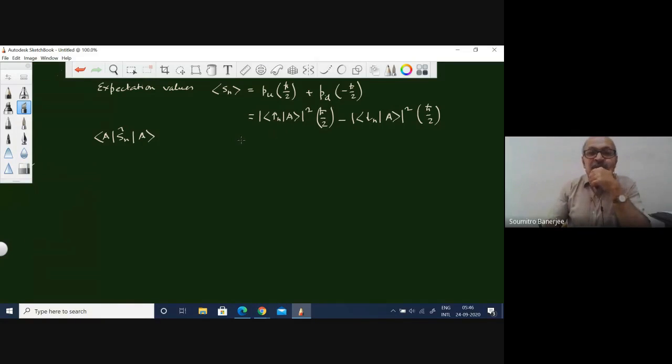So we need to figure out if this is equal to this. Because in case of wave mechanics, our state was psi, so we said psi, the operator, psi, and this sandwich integral will give the expectation value. Does it work in case of spin? So let us try to work it out.